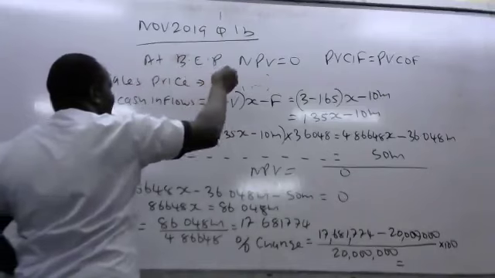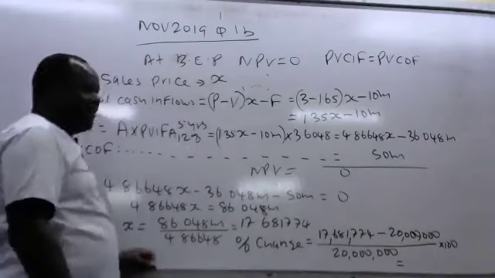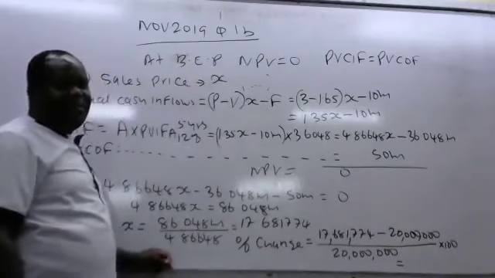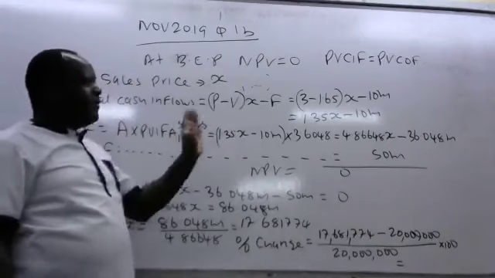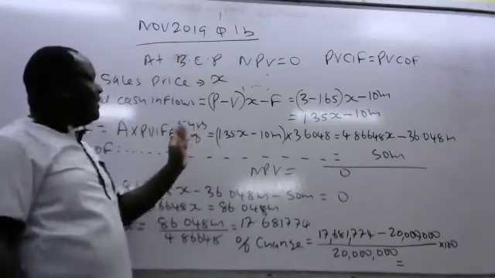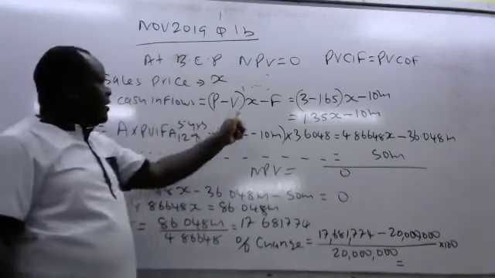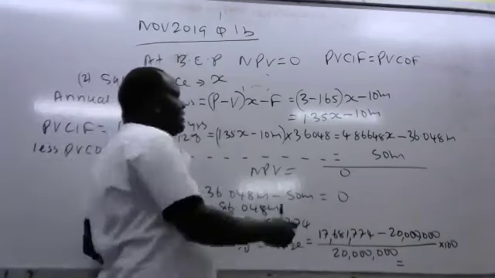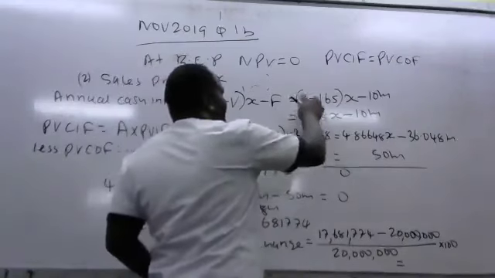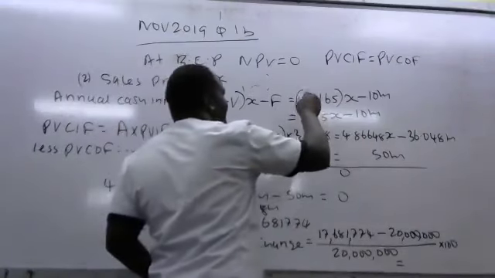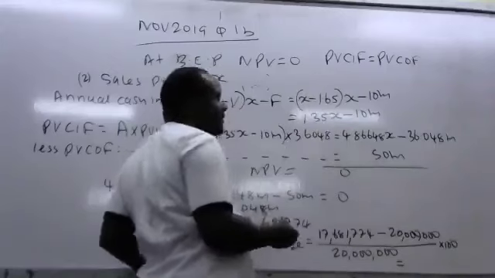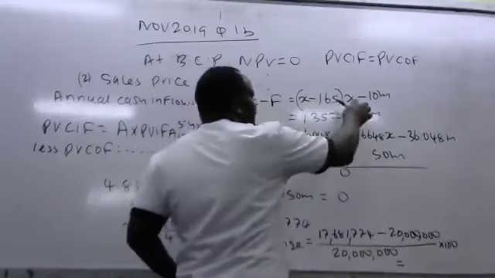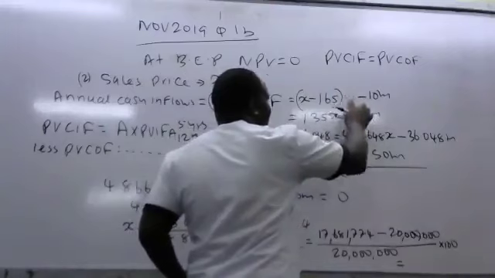So you make the sales price X. The entire process remains. We come here, but where there is the selling price, we make it X. Your sales volume now is not affected.